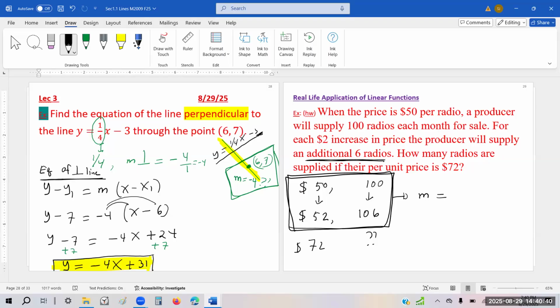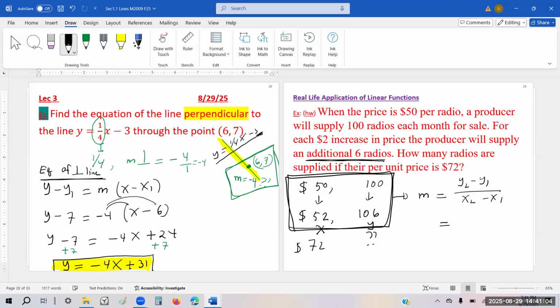So let's say this is X and this is Y. X is independent. Depending on your money, you produce your radios. So your money is independent, and X is always independent mostly. So the slope is y2 minus y1 over x2 minus x1.